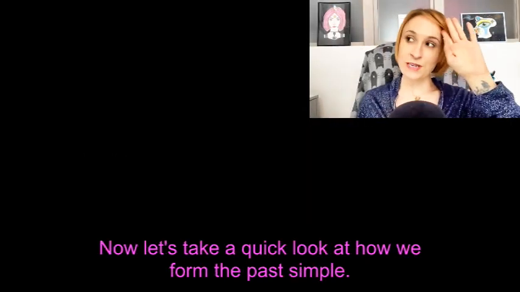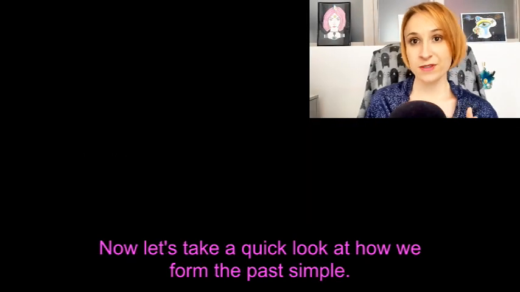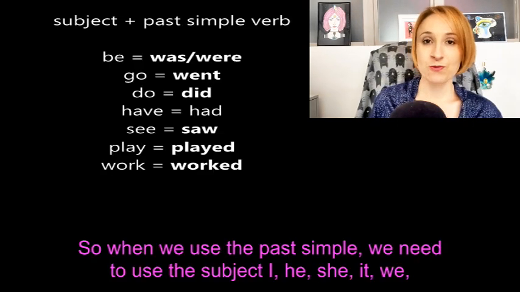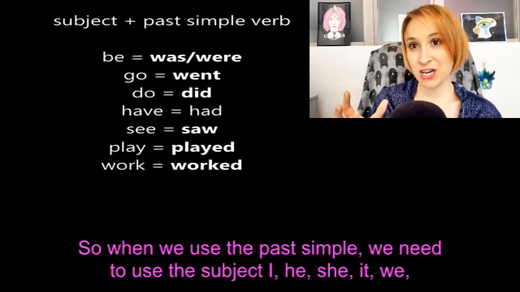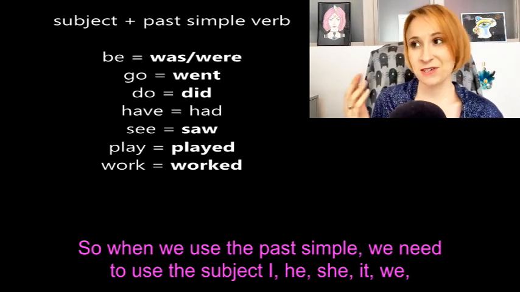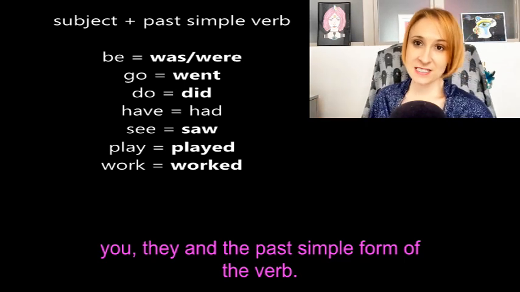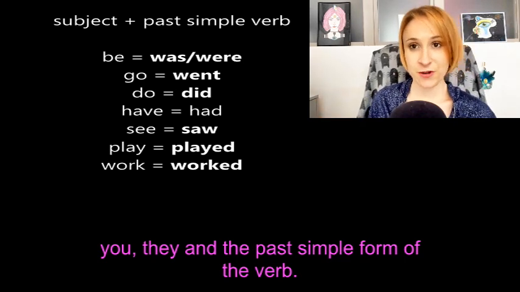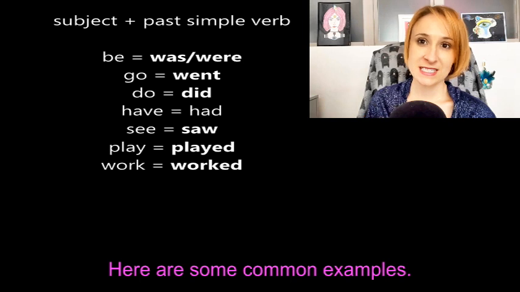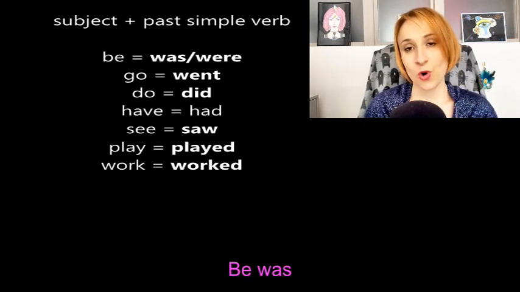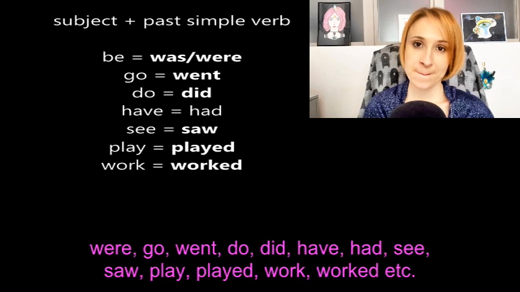Now let's take a quick look at how we form the past simple. When we use the past simple, we need to use the subject, I, he, she, it, we, you, they, and the past simple form of the verb. Here are some common examples. Be, was, were.